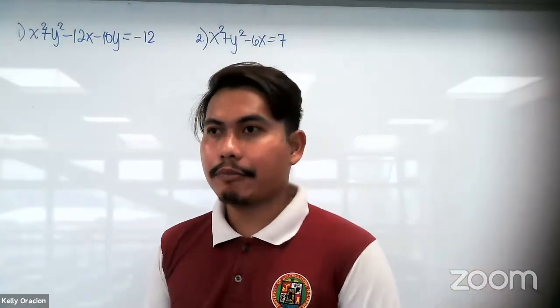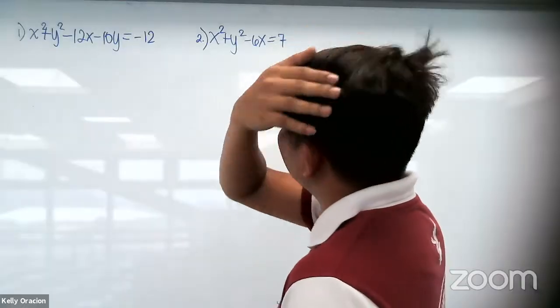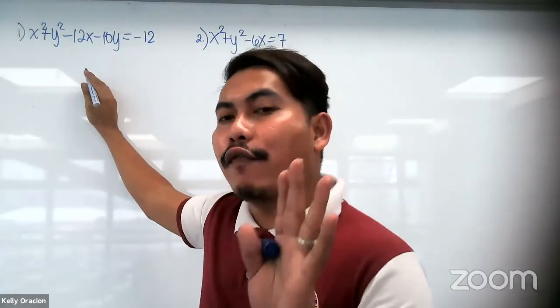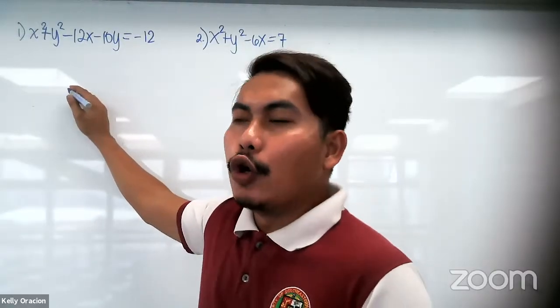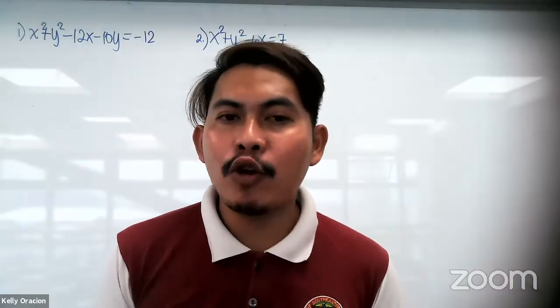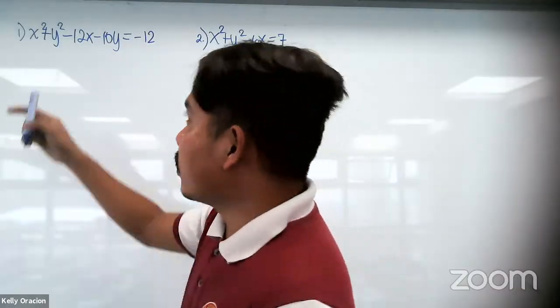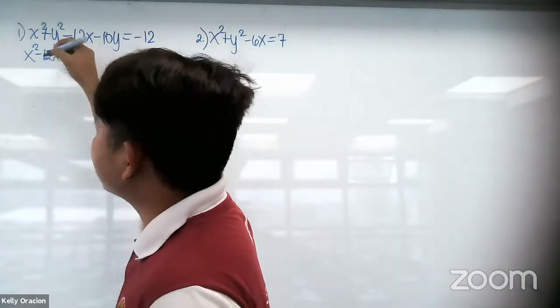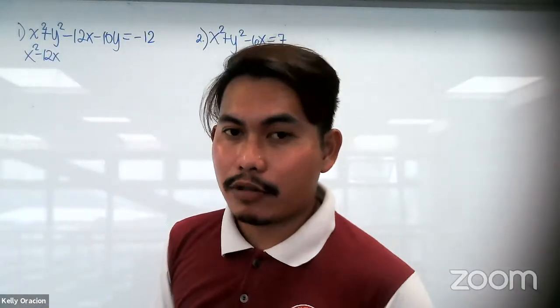So let's start. So the first step that you need to do, you are going to combine the same variable. So pag samasamahin mo yung magkaparehas ang variable. So dito, x squared at saka ng x. Itabi mo sila pag samasamahin mo sila.